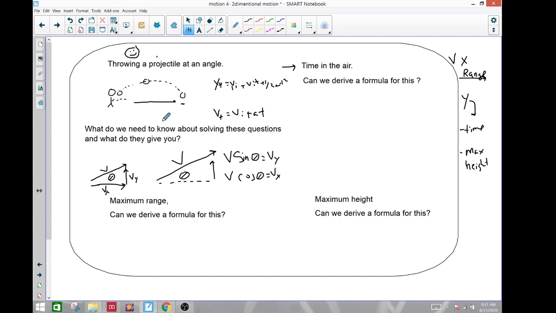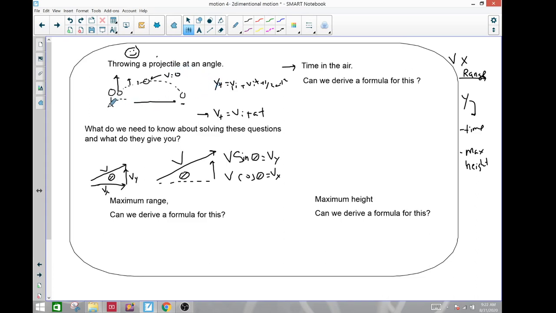It is sometimes nice to use this formula because of one more small property here: in the y component there is an initial velocity y going up, but as it goes up, gravity is chewing on it a little bit, and at the top the velocity in y equals 0.